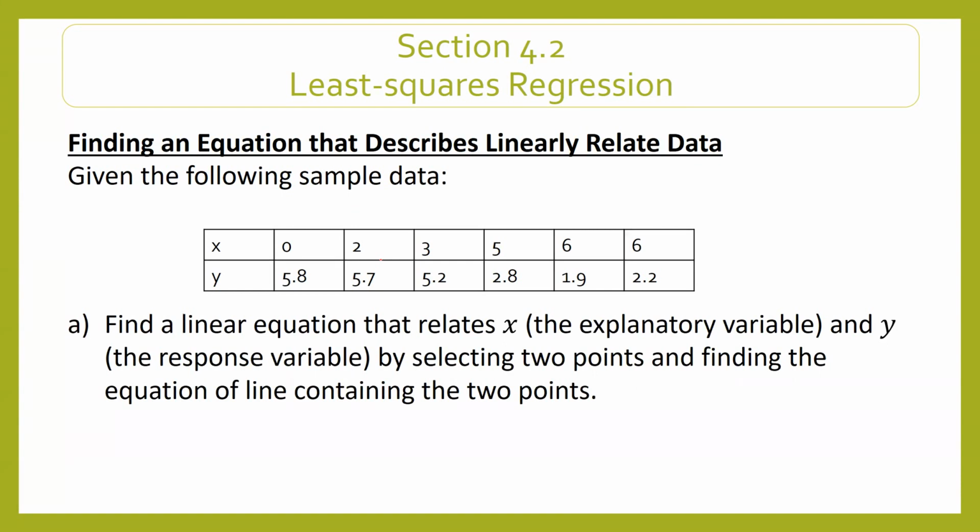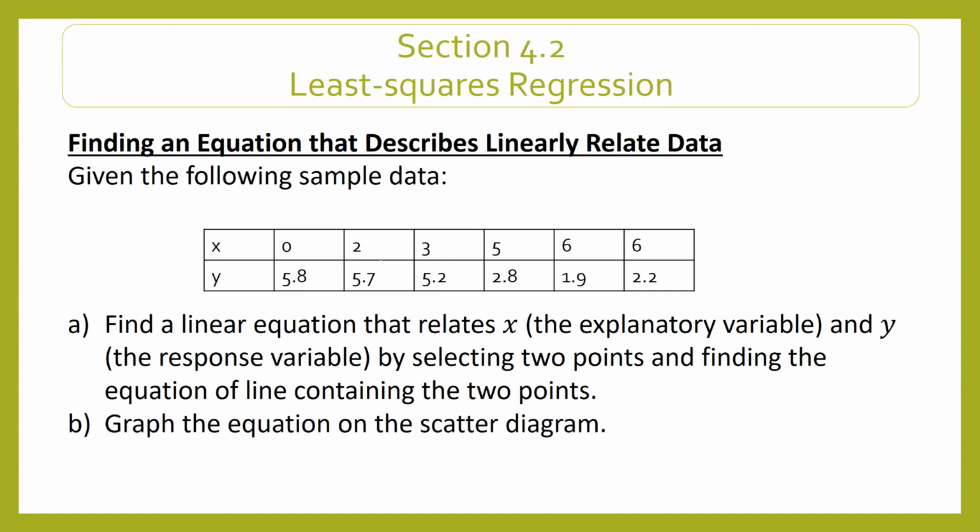Then use that to find the equation of the line, and graph the equation on the scatter diagram. So these points can be plotted as a scatter diagram. We can come out with the equation. I'll briefly go into that. And of course, we can predict the value of y when x is 3.